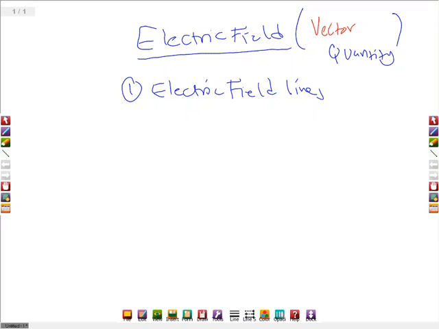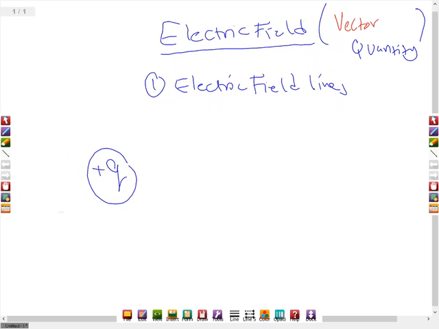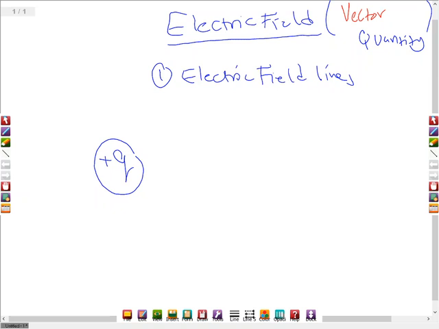Let us discuss the electric field lines for a positive charge, Q. The electric field lines go out from the charge in all directions. And the number of lines depends on the magnitude of the charge.